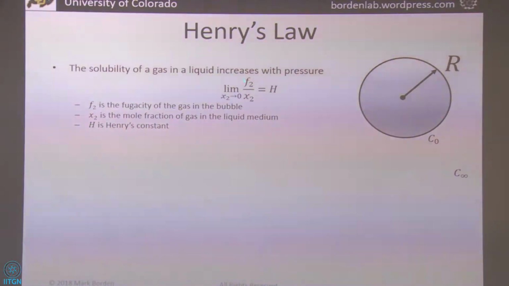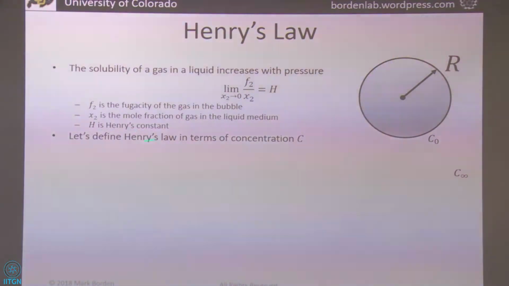But here it's defined in terms of fugacity and mole fraction, and then it's given this constant H. It's not necessarily constant, it depends on the temperature and composition. So f sub 2 is the fugacity of the gas inside the bubble, in the gas phase. x sub 2 is the mole fraction of gas in the liquid medium out here. And H is just a proportionality constant.